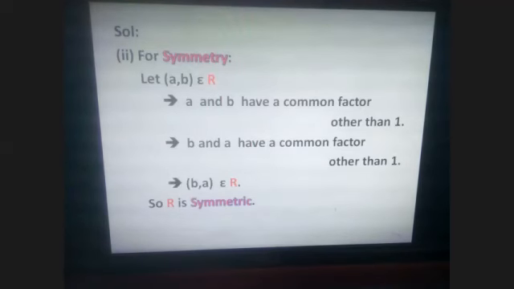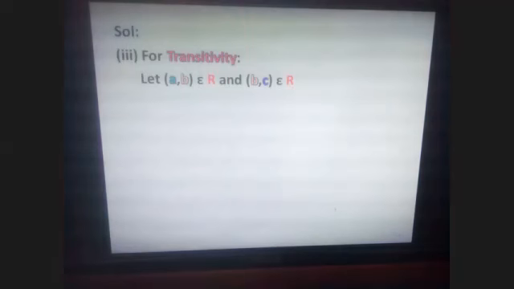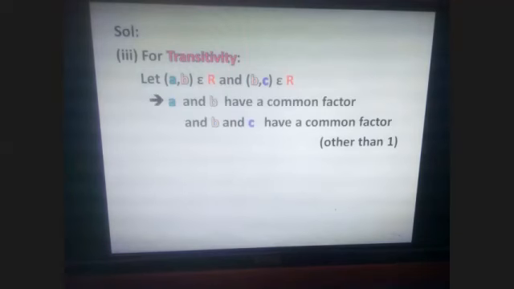I ask again. Okay. Now we go for transitivity. (a, b) is a member of R and (b, c) is a member of R. That means a and b have a common factor other than 1, b and c have a common factor other than 1. Okay, I again ask, are you following? Yes, sir. Okay.